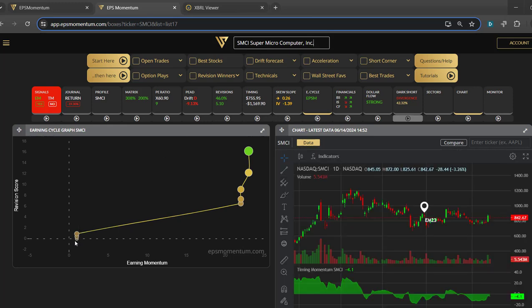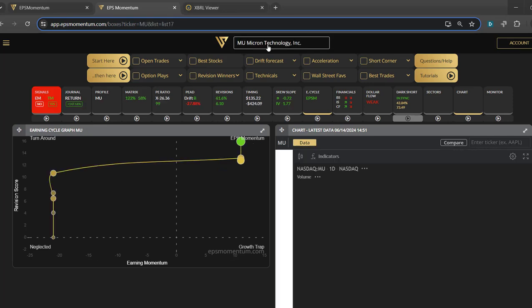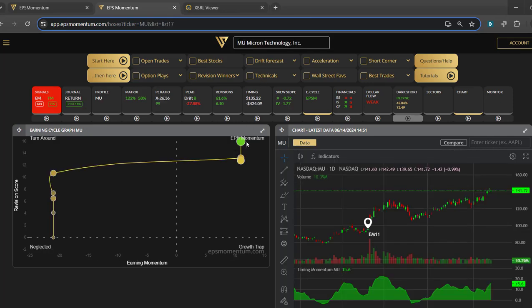So SMCI went from no momentum to a higher revision score and extremely high momentum, right? Same for NVIDIA or some other micro technology, some other semiconductor. They went from revision improving, and all of a sudden the momentum starts to shoot up.